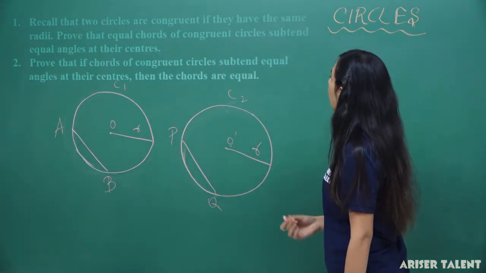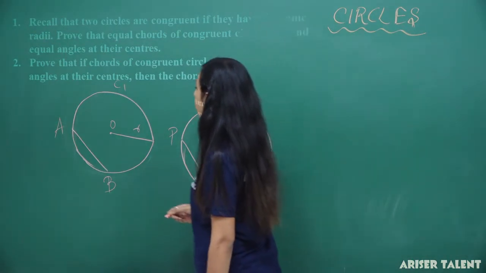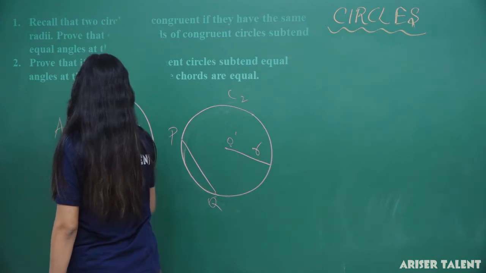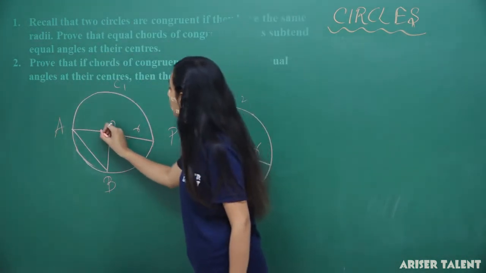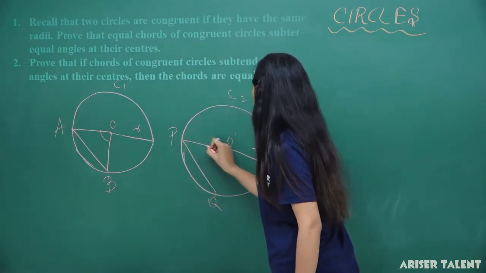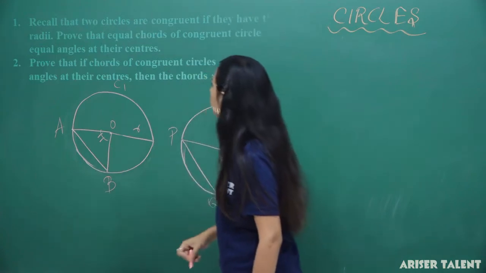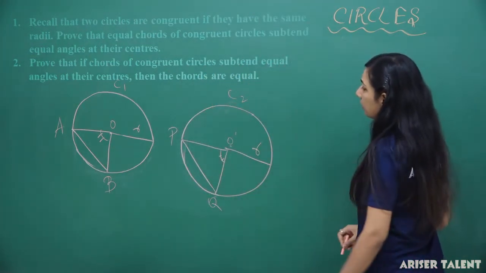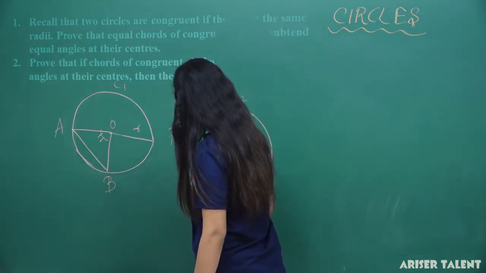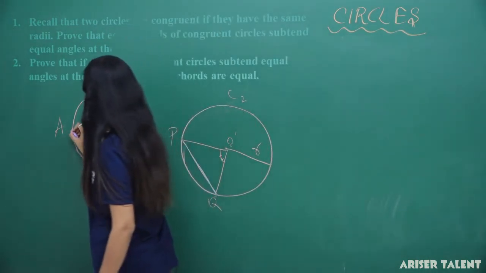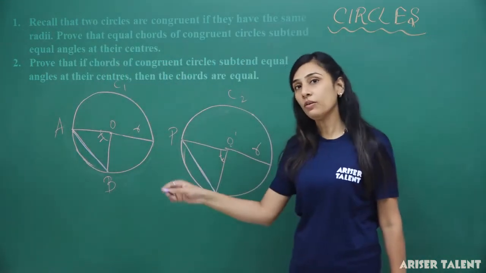Now chords of congruent circles subtend equal angles at their center. So it is given that these two angles they are making are equal. Then the chords are equal. Now you have to tell whether this PQ is equal to this AB. It is. So you have to prove it.